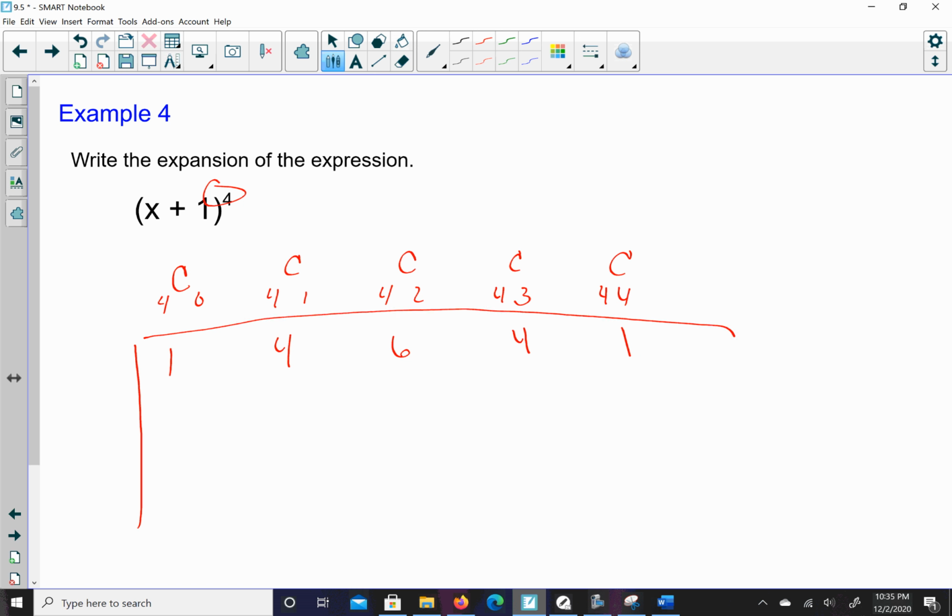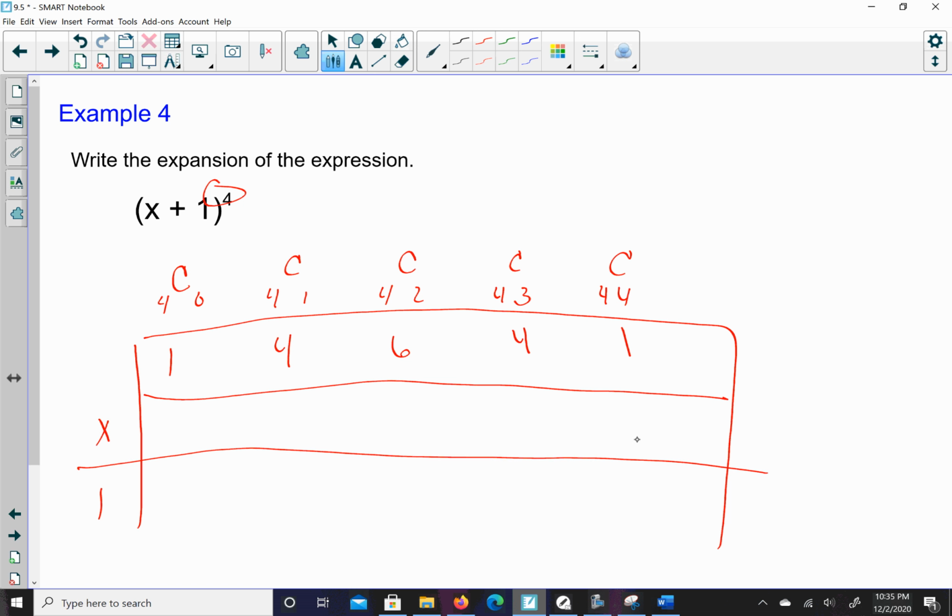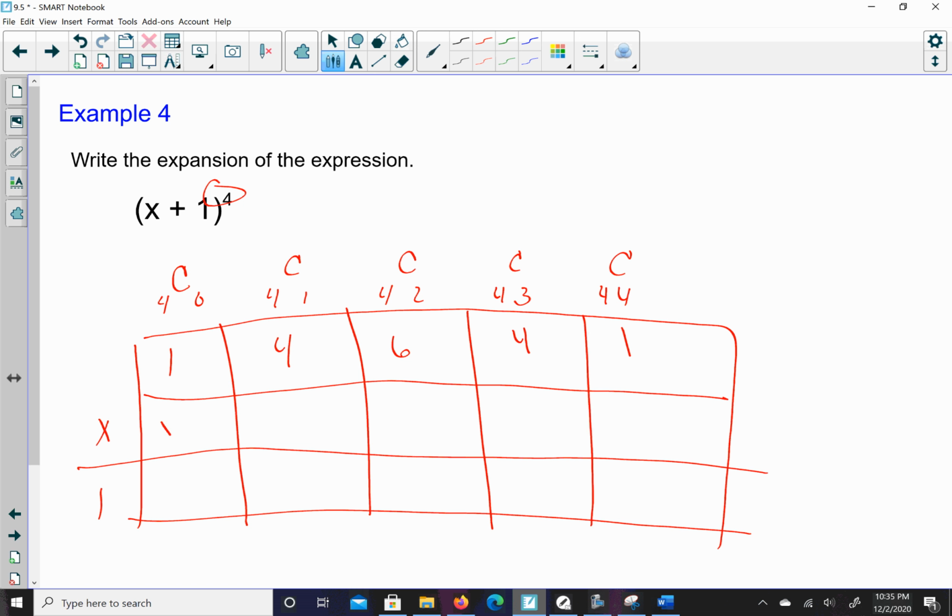So remember, the first one we're going to do is the box method, which I don't know if anyone likes, but here we go. So here are my coefficients, and then I have x as my first term and 1 as my second term. So if I'm making this box, I'm trying to be neat, but you know, not. This will be x to the 4th, x to the 3rd, x squared, x to the 1st, and then x to the 0, which we all know is equal to 1.